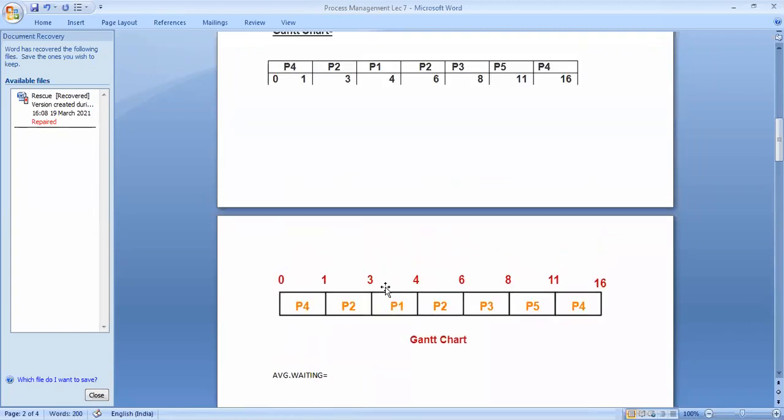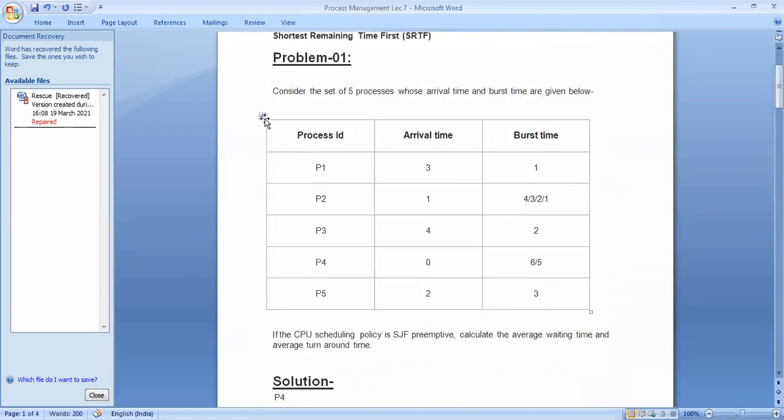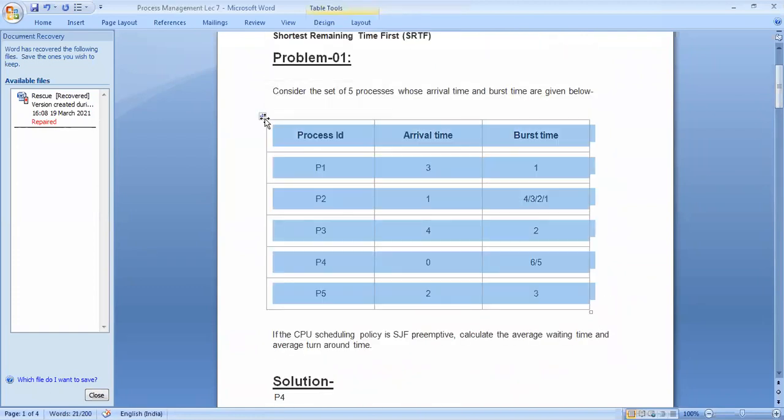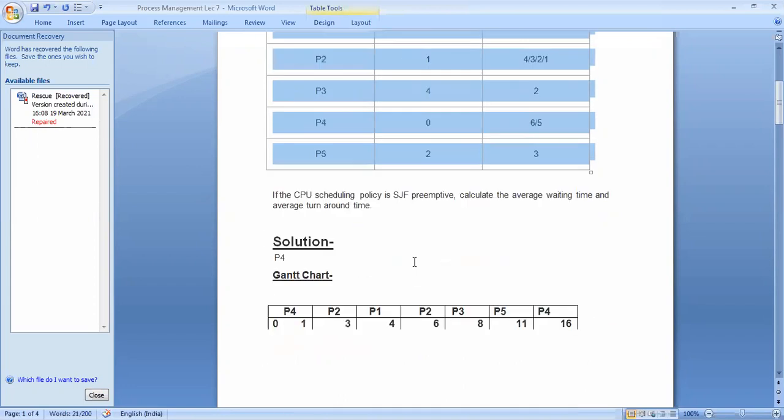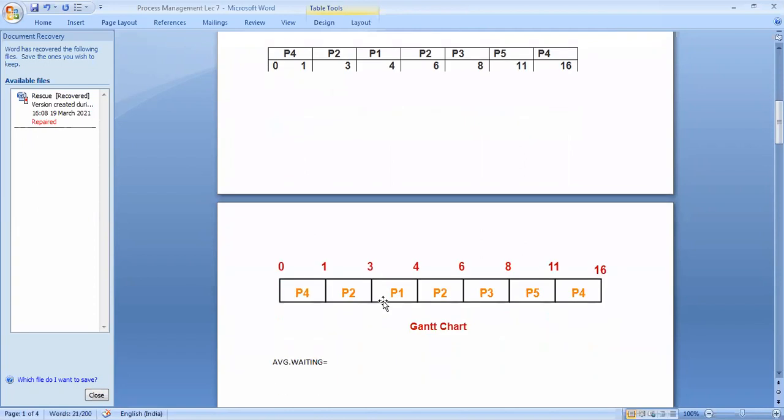After that we'll prepare the table. First of all we'll prepare the Gantt chart. After that we'll prepare the table. Then we'll calculate average waiting time.